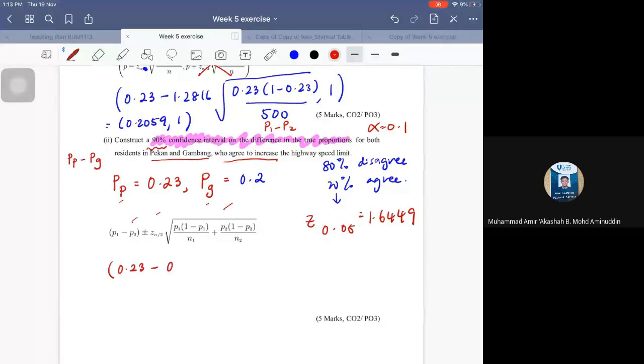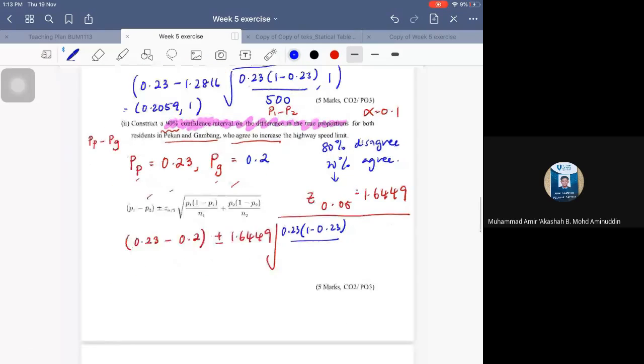And then plus minus, that value is going to be 1.6449. So this is going to be a big square root. Let's see if I can actually fit everything in there. So P1 is going to be 0.23 multiplied by 1 minus 0.23. And how many samples in Gambang? I think it's 500 previously.